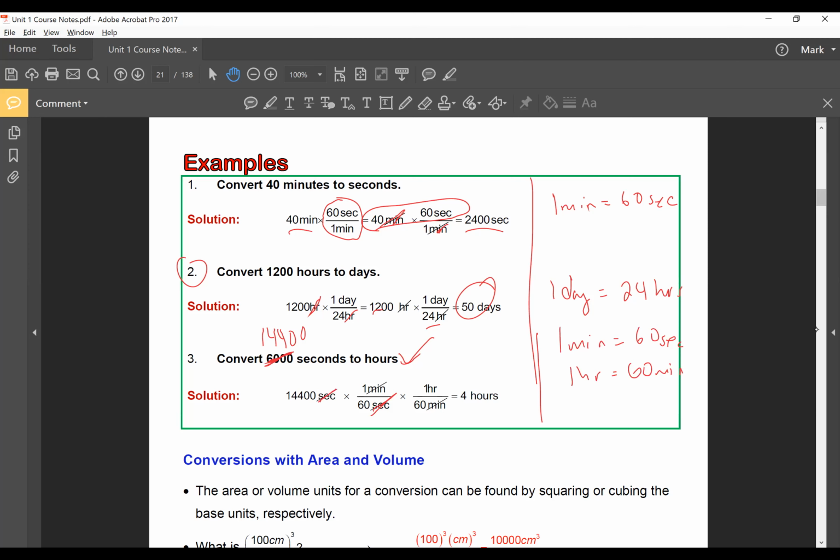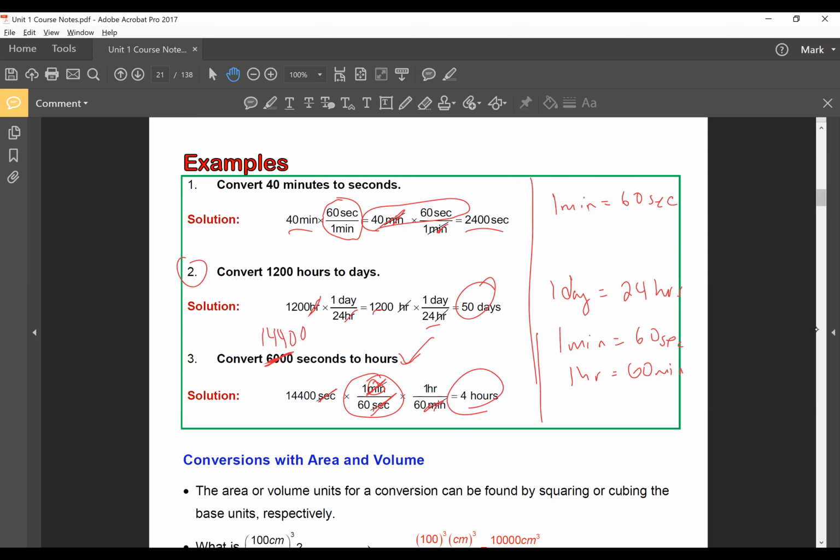So 14,400 seconds. First, I multiply it to turn it into minutes: 1 minute over 60 seconds. Then I want to get rid of the minutes, so I multiply a second time by the other factor, 1 hour over 60, and I get the answer of 4.